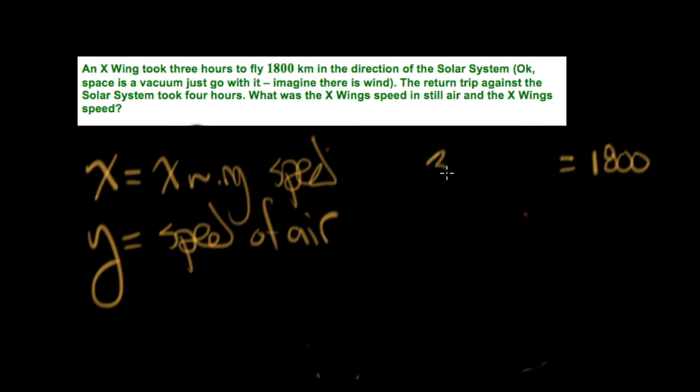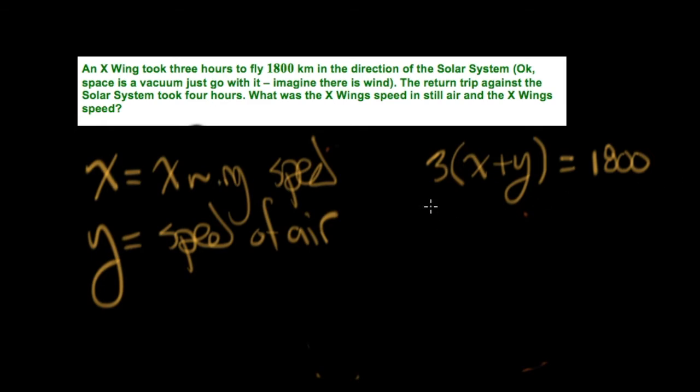So 3 hours, that's the time, and then the speed for this one would be x plus y, because you're adding them together. On the way back, though, it went against it. So if it went against it, it took 4 hours.